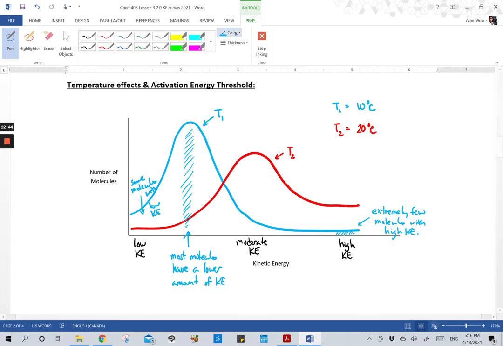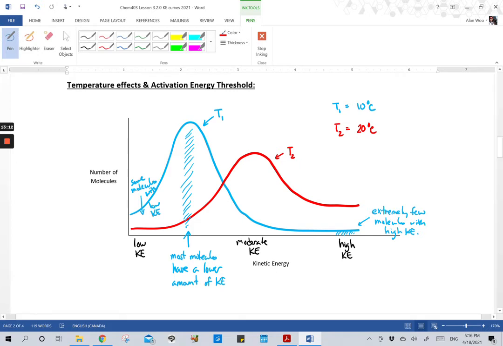If we moved on to T2, we notice that there's a shift, but there's a couple of other things that we notice too. For one, the peak is lower than the first peak. That's because most of the molecules that are at 10 degrees, if you increase them to 20, most of them would actually have more KE. So here's the thing.